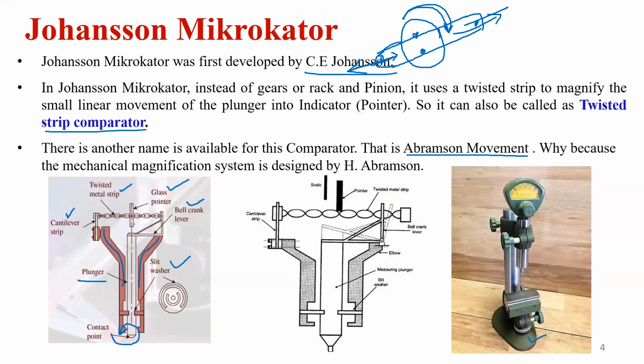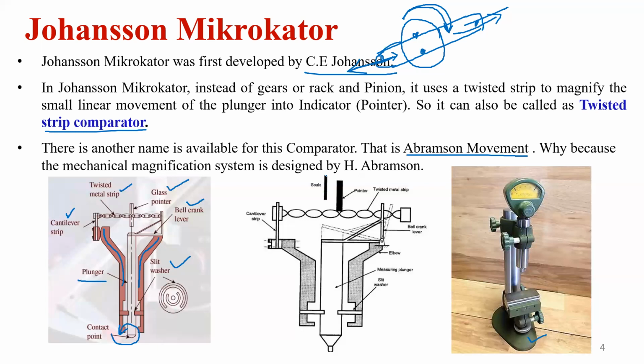The length of the strip changes as the pull or push is applied by the bell crank lever on the strip. Accordingly, the magnification of the pointer also takes place. So the pointer also rotates on the calibrated scale.